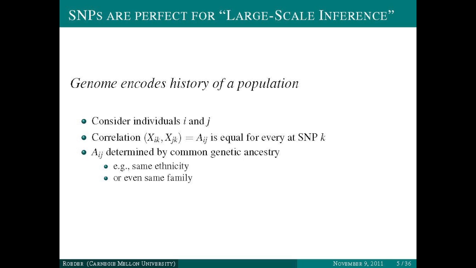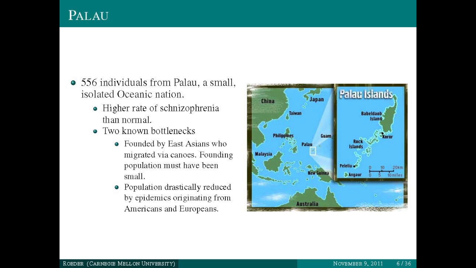And this project is just used to motivate it. I'm not going to get any findings about Palau today, but Palau is a small island in the South Pacific, and it began with a group of people who came on a canoe, it's believed, and then their population built up, and then the Europeans came in, and most of them died, and so there were very few people there like 140 years ago, and now the population is built up.